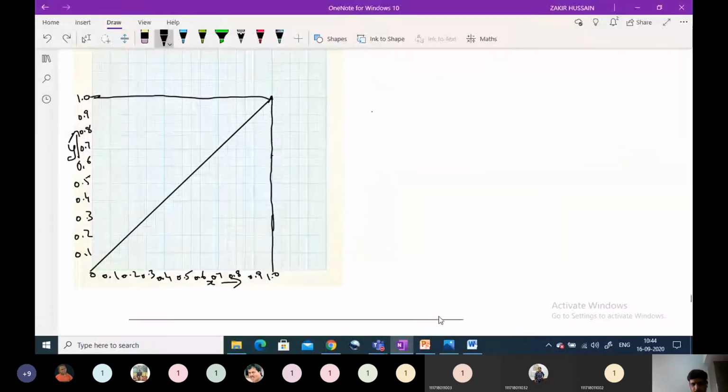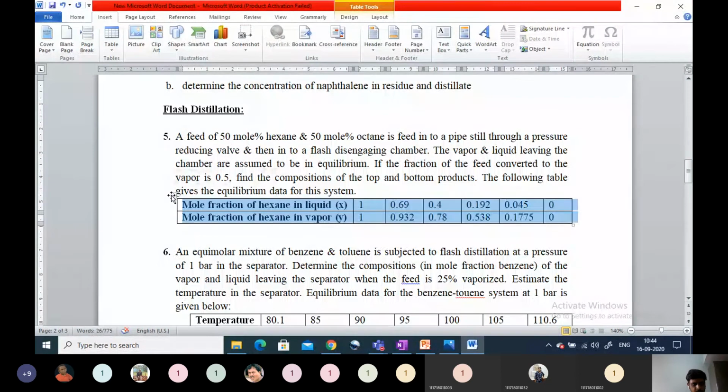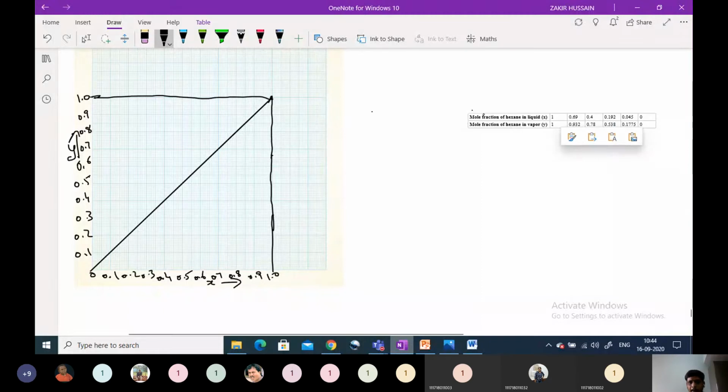Using the data points we can estimate. So I'm taking it from here. These are the data points.